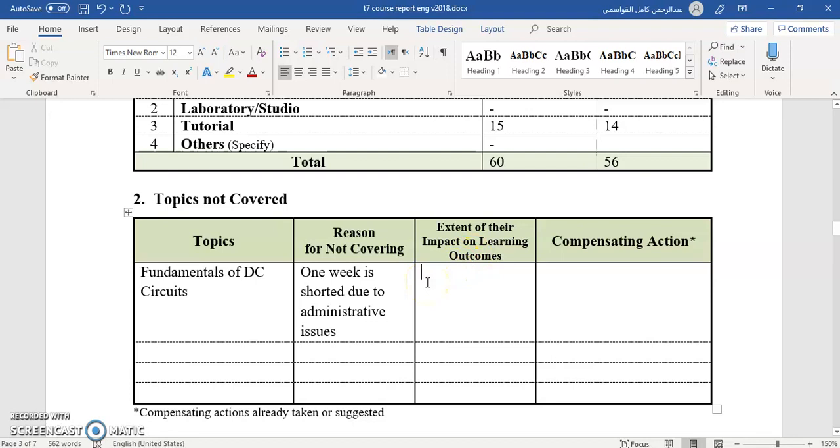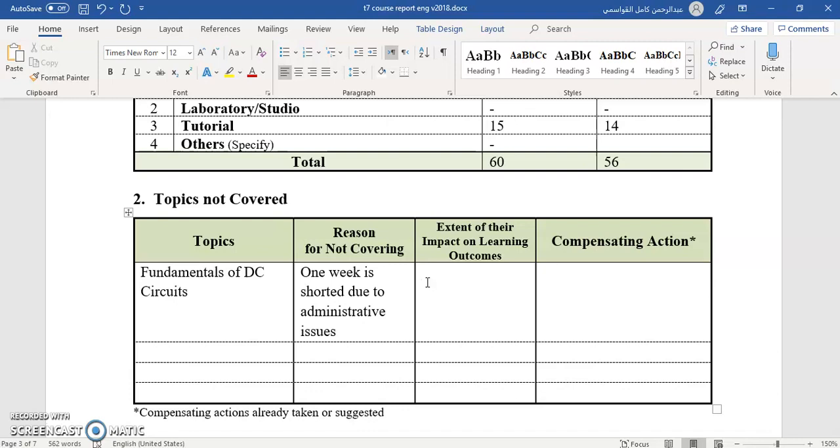As you know, for your course, you have specific learning outcomes: 2, 3, 4, 5 learning outcomes. An outcome relating to knowledge, an outcome related to design, an outcome related to cognitive skills, to competency, and other learning outcomes.